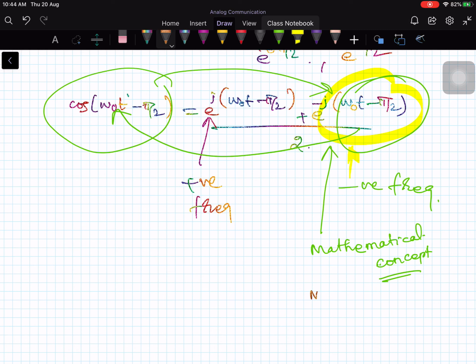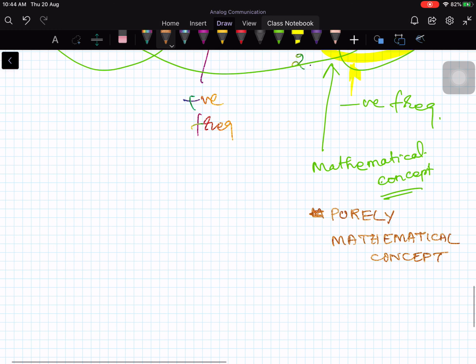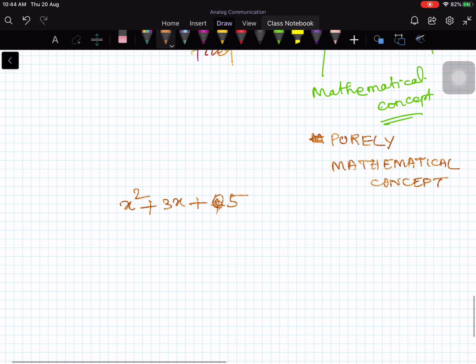It is purely a mathematical concept. Even if you take a quadratic equation, let's say x square plus 3x plus 4, or let me take 5. Now what is the root for this?